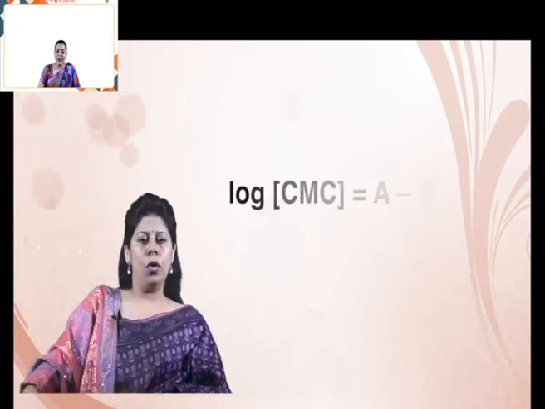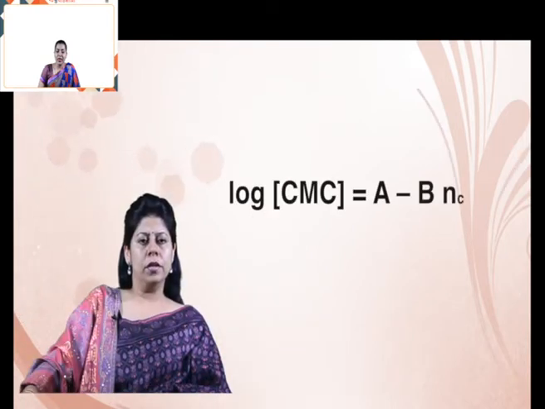Third point, the log of CMC for compounds with identical polar head groups is expressed by the linear equation log CMC equals A minus B times Nc, where Nc is the number of carbon atoms in the chain and A and B are parameters for a homologous series.